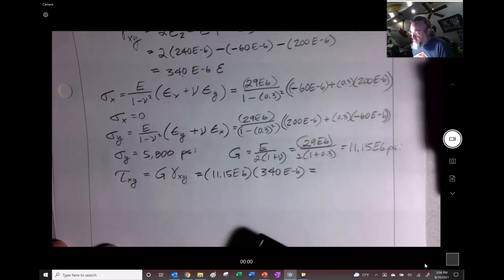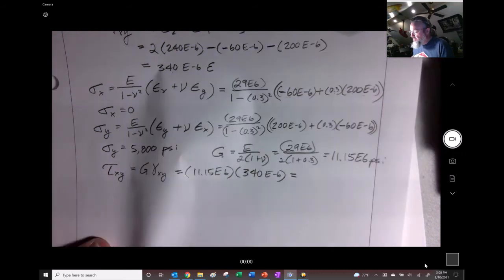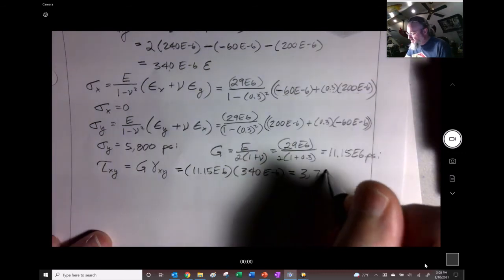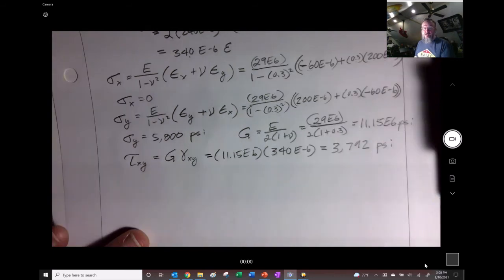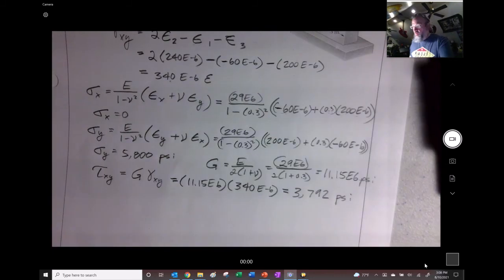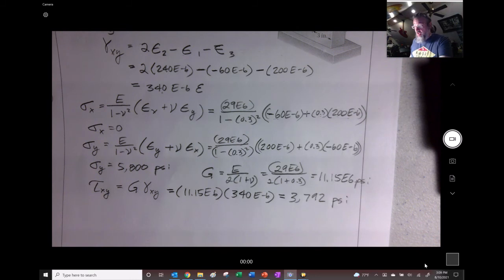Seems like, I think we're okay. 29E6 divided by 2, divided by 1.3, yeah, you get the same thing. 340E minus 6, and you multiply, and you get 3,792 PSI. All right, so that's nice. So that's the stresses that we have at this point.